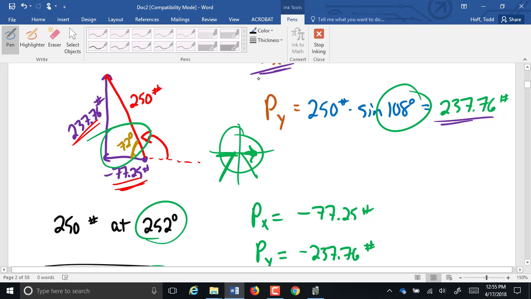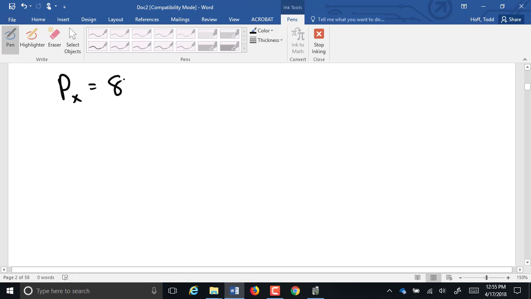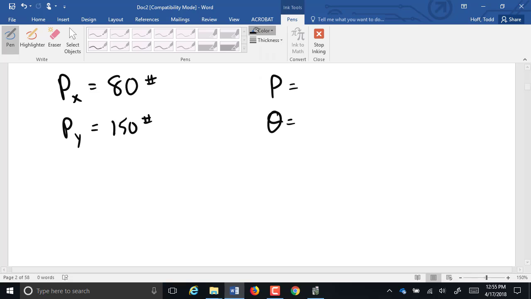Reference angle is even more important if we're trying to go the other direction. If I give you P sub x is 80 pounds and P sub y is 150 pounds, I want to find the magnitude and direction, P and theta here.